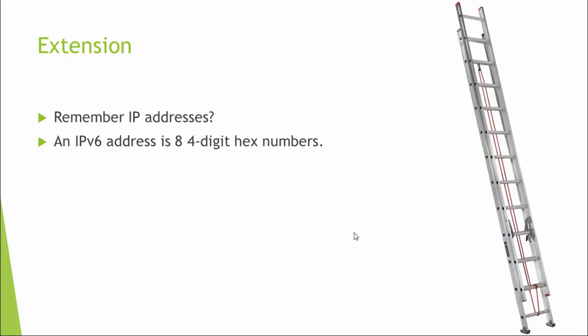An IPv6 address is 8 4-digit hex numbers. I invite you to do the algebra challenge. Try to calculate how many unique IP addresses there are. And you may find this kind of stimulating to do, certainly very interesting to see.